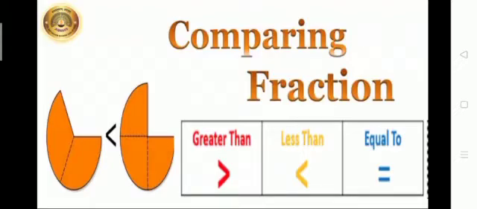Similarly, when less than sign is used, then the smaller number is written to the left and the greater number is written to the right. And when the two fractions or two numbers are equal, then equal to sign is used.